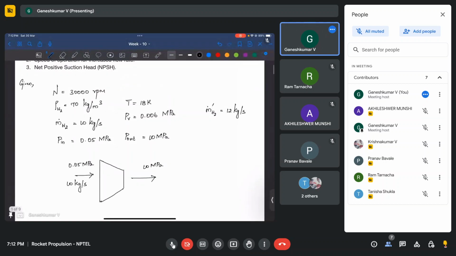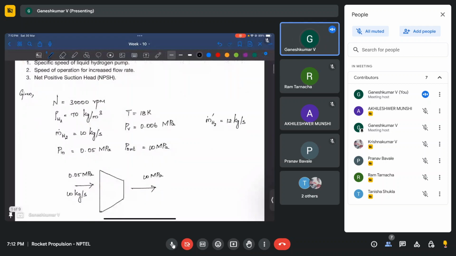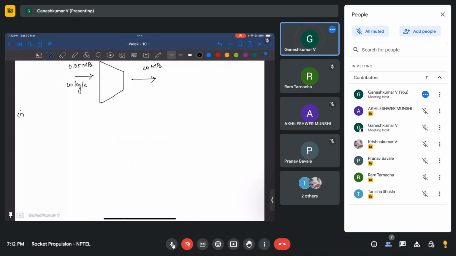Okay, so we need to find out the specific speed, that is the first one. Specific speed, we call it ns, right?